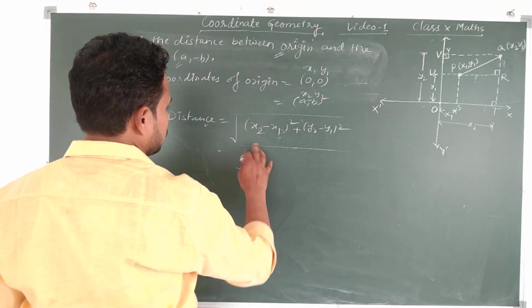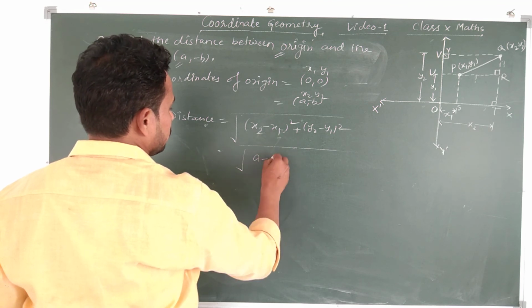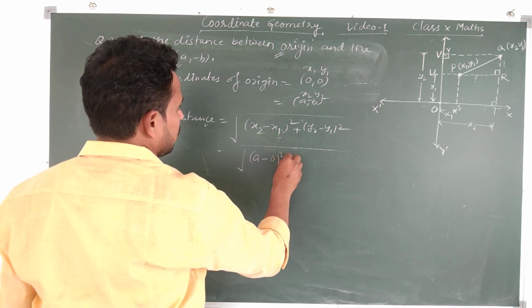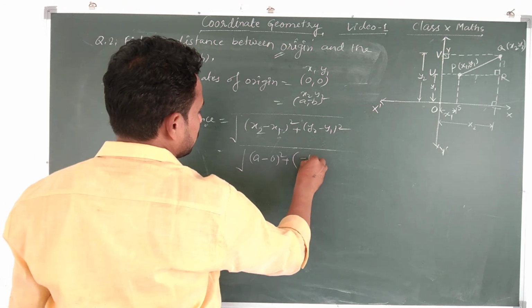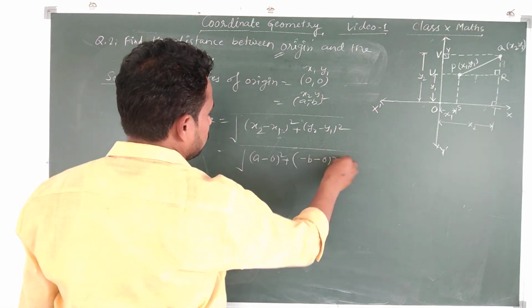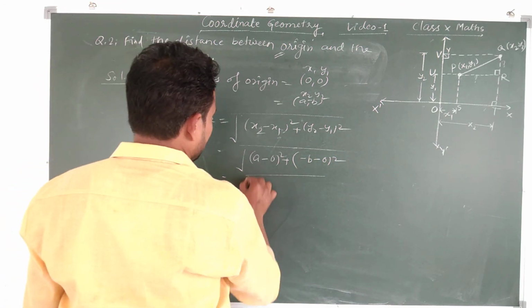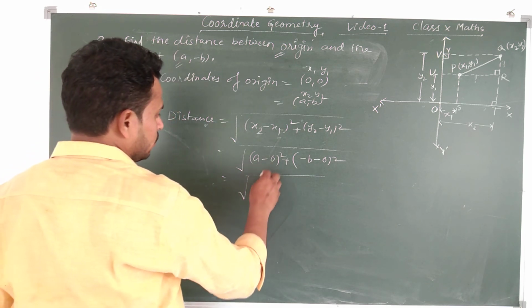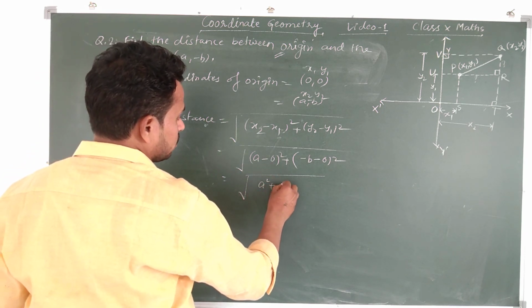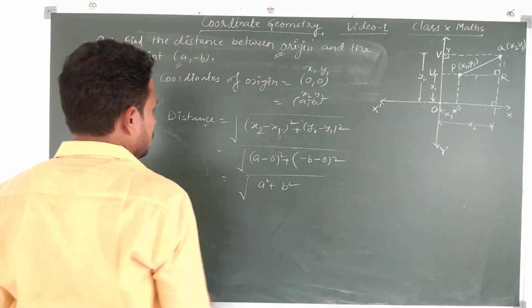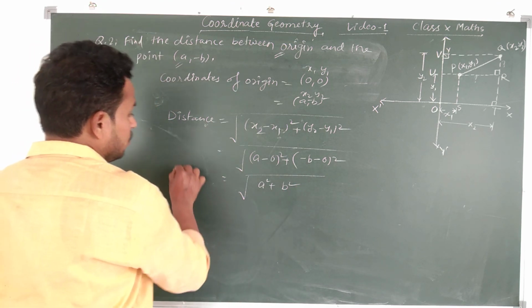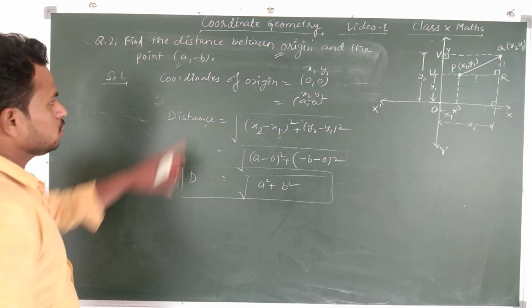So (a minus 0) square plus (-b minus 0) square. So simply we calculate it: a square plus b square. So this is the distance between the origin and this point.